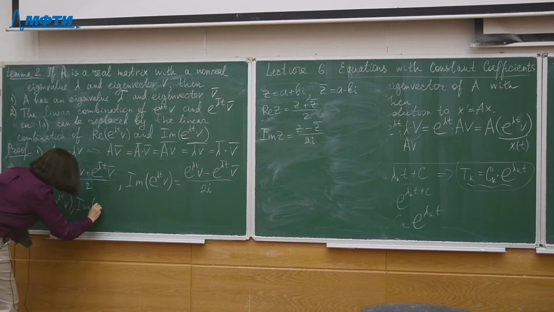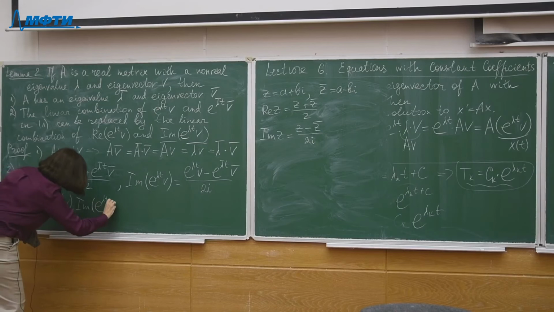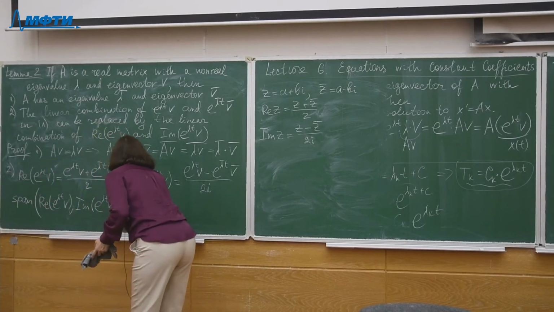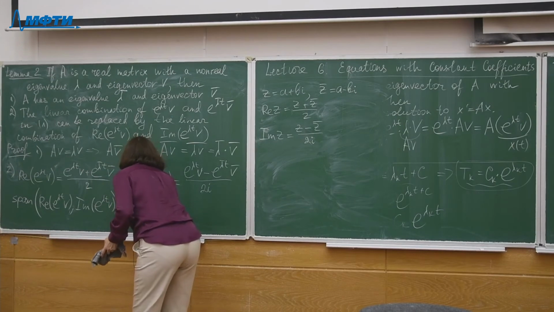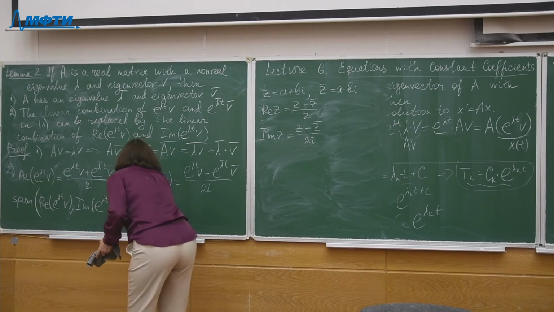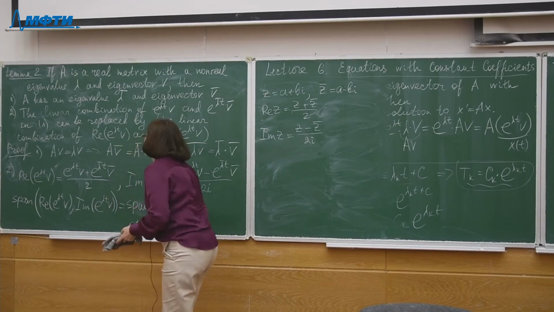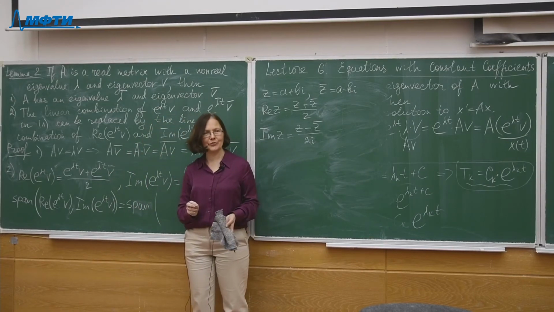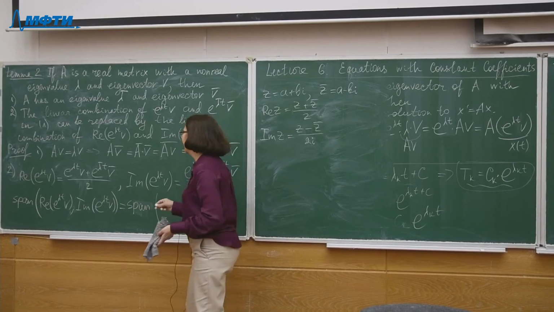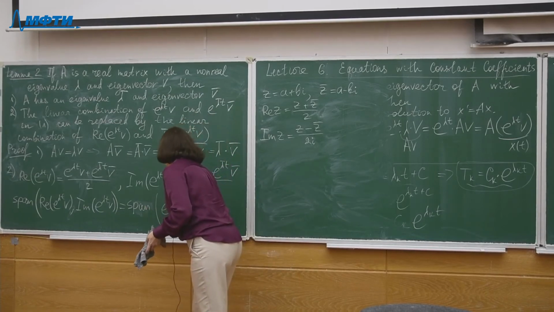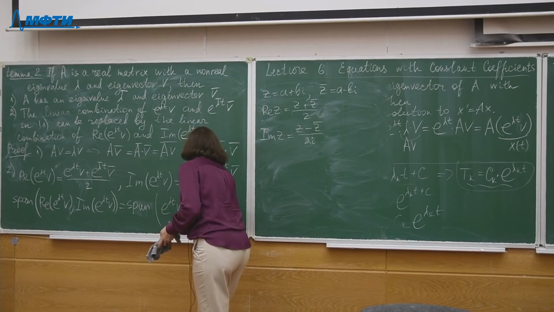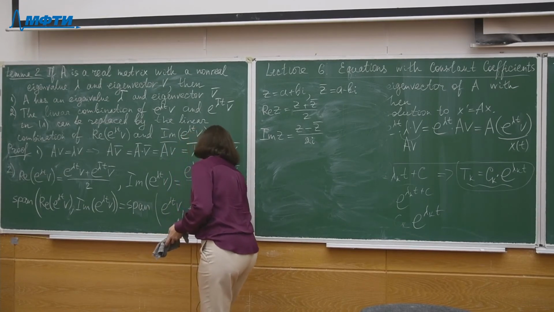of e^(λt)v equals the span. The span means the set of all linear combinations of these vectors, right? The span of e^(λt)v and e^(λ̄t)v̄.